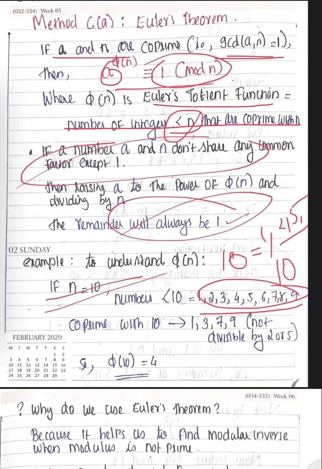In this example, the numbers less than 10 are 1 to 9. 1 is not divisible by 2 or 5, 2 is divisible, 3 is not divisible, 7 is not divisible, 9 is not divisible. So the numbers coprime with 10 are 1, 3, 7, 9. That means they are not divisible by 2 or 5. So phi of 10 equal to 4.